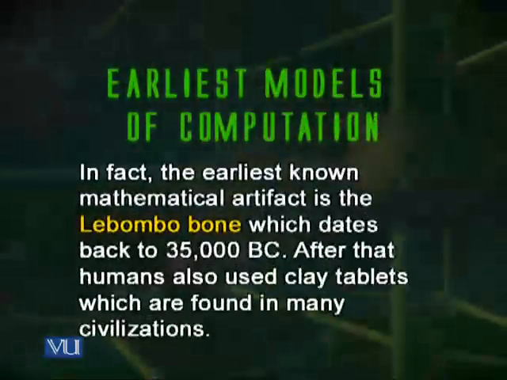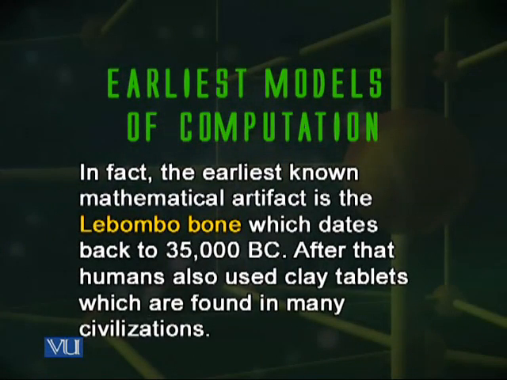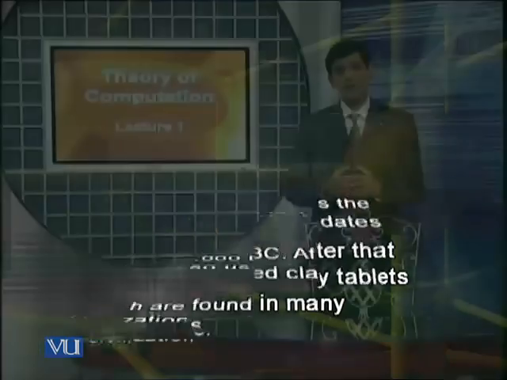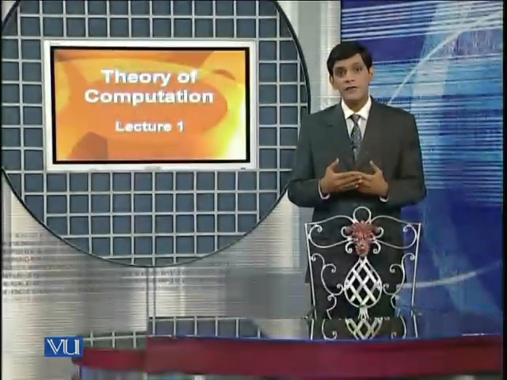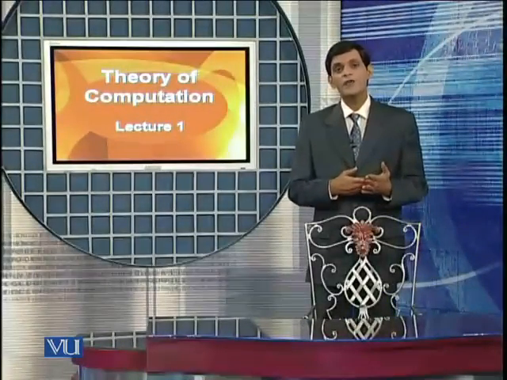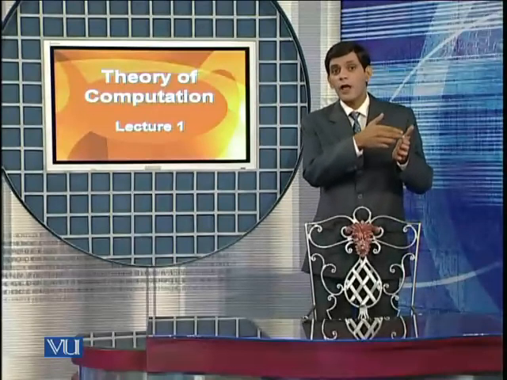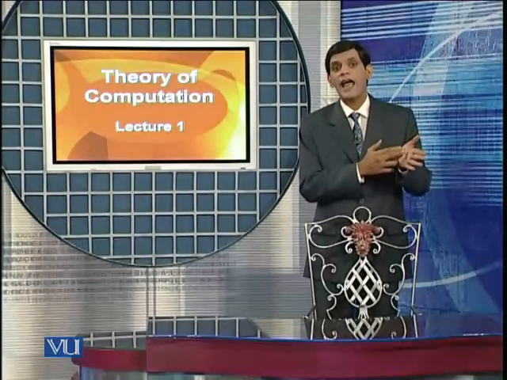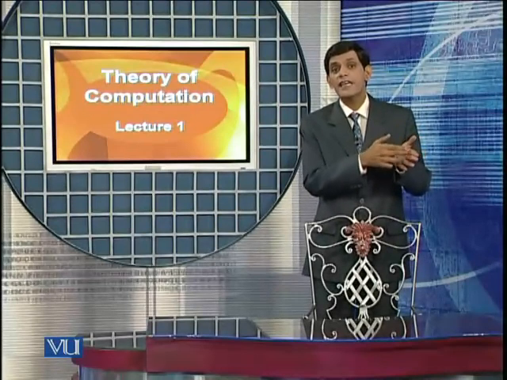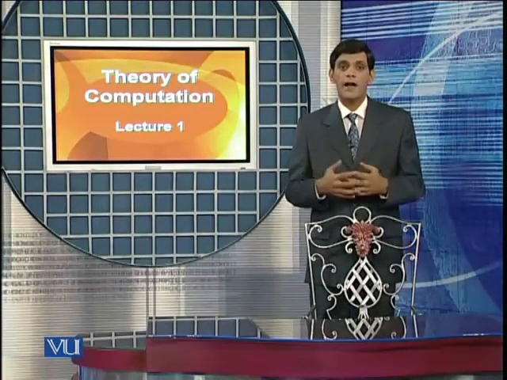So one of the first known mathematical artifacts to human beings is called the Lebombo bone. That is a piece of bone which is 35,000 years old. And historians and mathematicians believe that this bone was actually used as a mathematical device. Somebody was putting marks on it and actually doing unary addition of some kind.